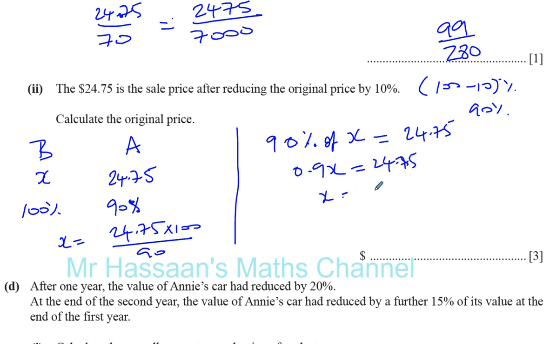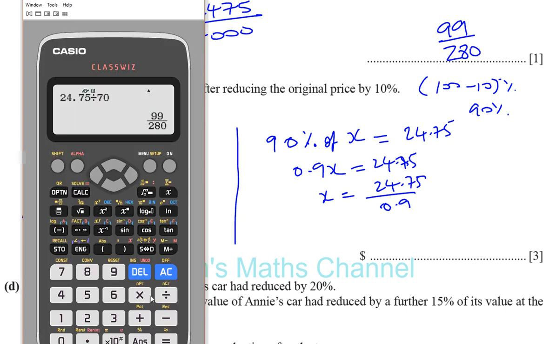So X will be 24.75 divided by 0.9. It's exactly the same as this, okay? They'll give you exactly the same answers. So we got 24.75 divided by 0.9. That gives you 27.5.